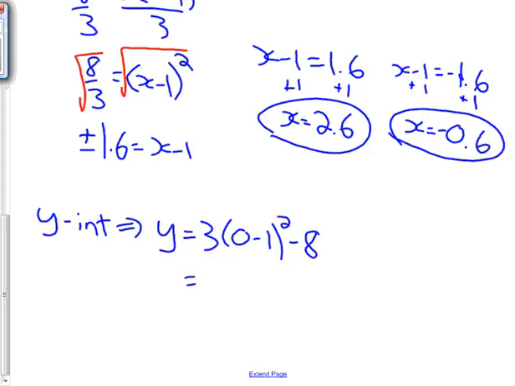What's negative 1 squared? 3 times 1? Minus 8. Our y-intercept.